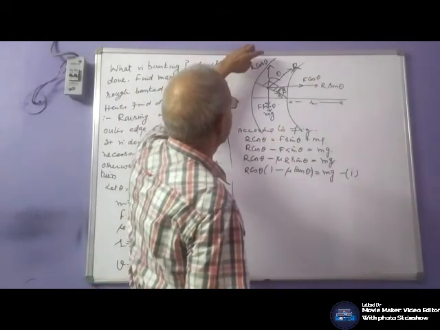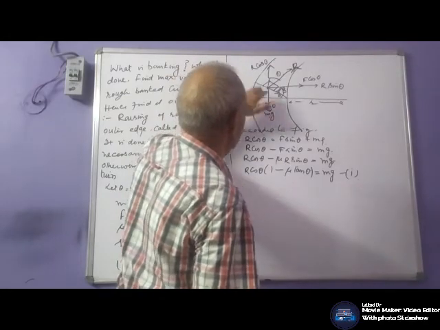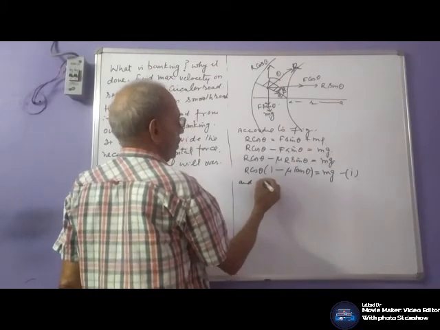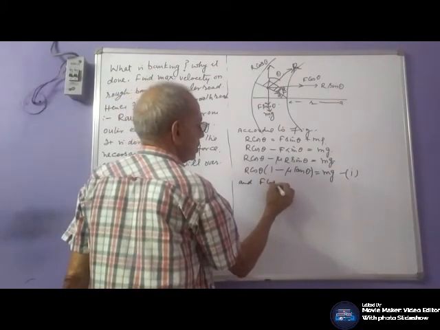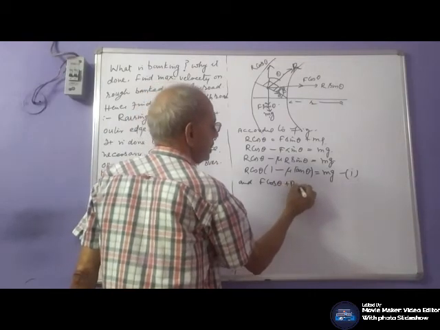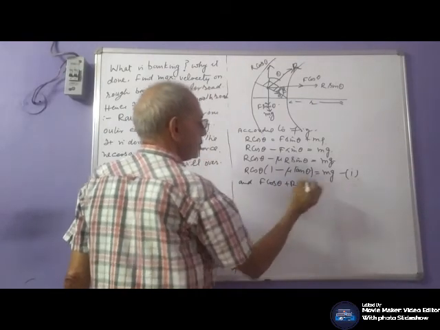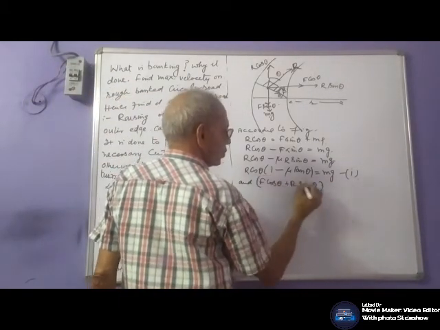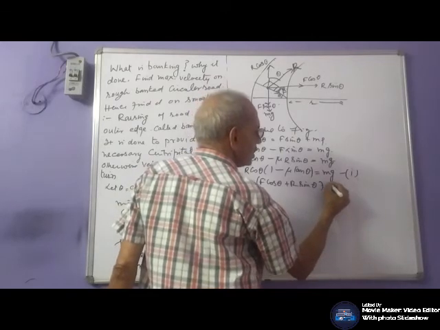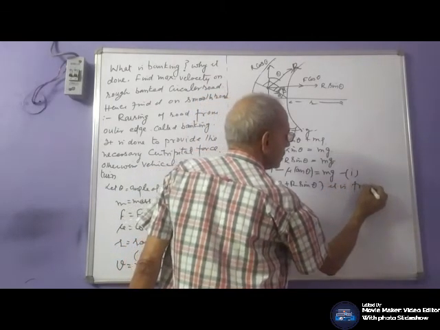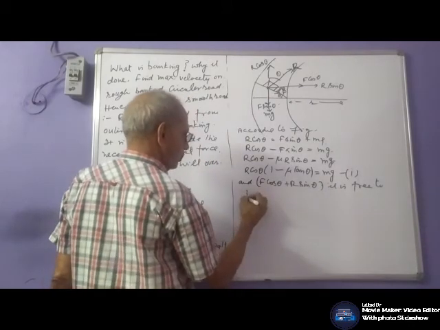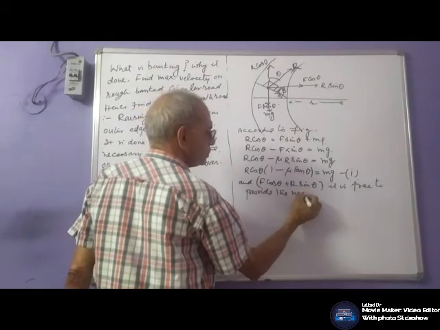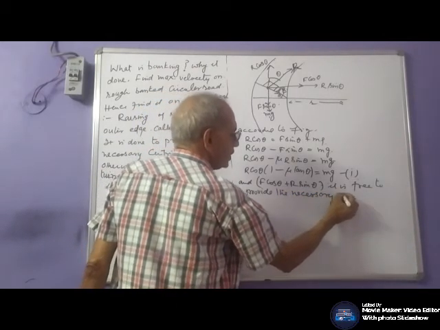So the figure says this is upward, this is in downward direction, and F cos theta plus R sin theta is free to provide the necessary centripetal force.